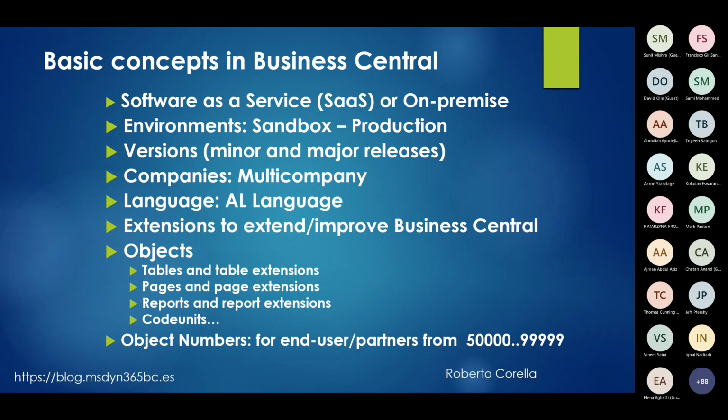Tables are for new information, but if you want to improve some table existing in Business Central, like a customer, a vendor, or an item, we use table extensions. We create an extension for the table, an extension for the page.